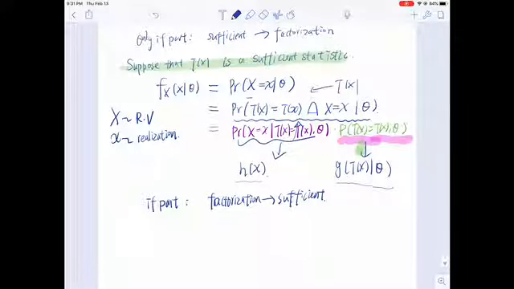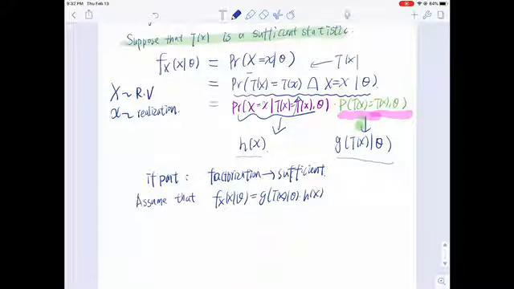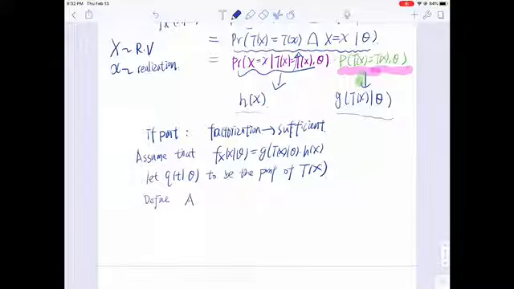So in this case, we start by assuming that the factorization f(x) equal to g(T(x)|theta) times h(x) exists, and we let q(t|theta) be the PMF of T(X), and partition A_t to be all the points y that satisfy T(y) equal to t.